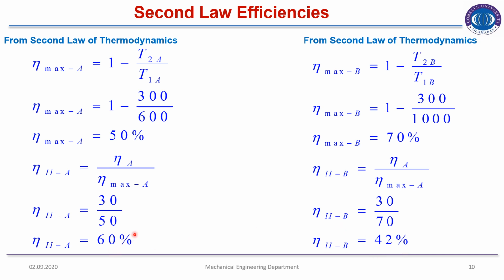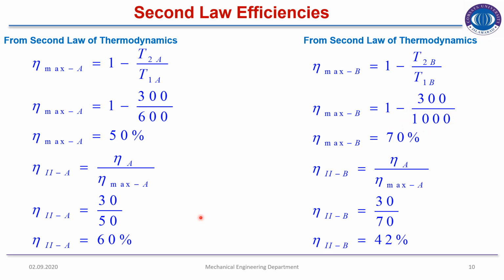So now you know that second law efficiency tells the difference. For heat engine A it is 60% and for heat engine B it is 42%. Second law efficiency is very important because it also incorporates the source and sink temperature. Heat engine A is producing the same amount of work with a source temperature of 600 Kelvin, and heat engine B is producing the same amount of work with a source temperature of 1000 Kelvin.